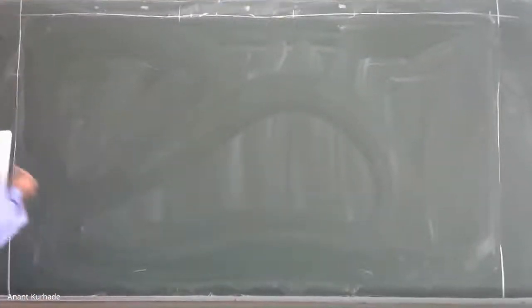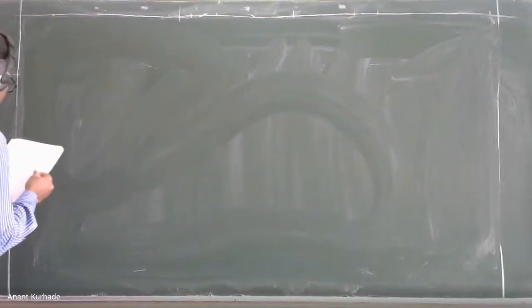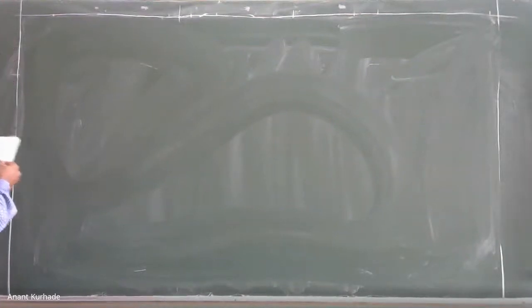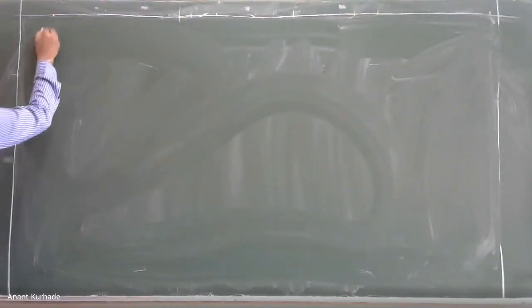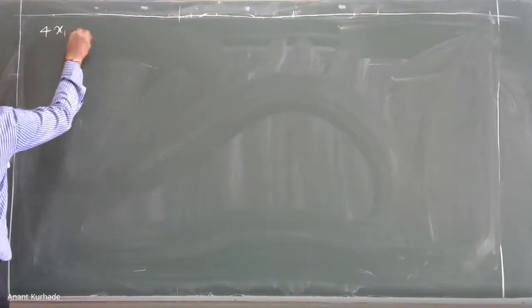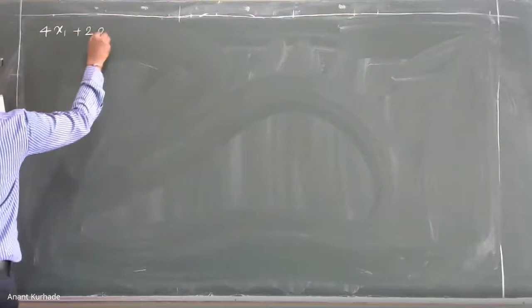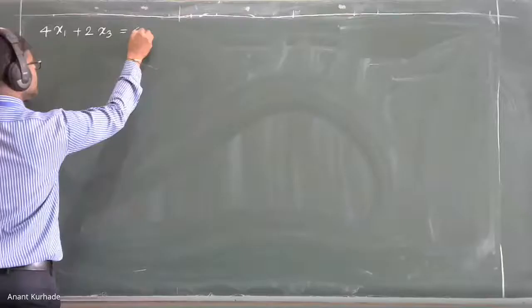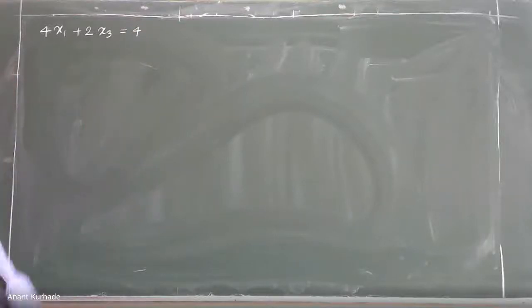Now we will solve one more problem. You have to solve this problem. Using the Gauss-Seidel method, solve the following set of simultaneous equations. Is it visible? Yes, sir. The first equation is 4x1 plus 2x3 is equal to 4.